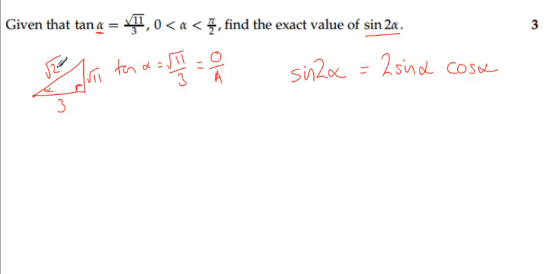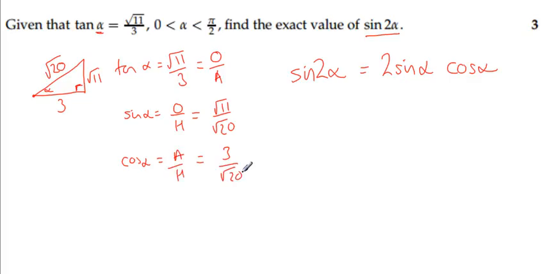So that hypotenuse is root 20, which means I can find sine alpha as opposite over hypotenuse, so root 11 over root 20. And cos alpha as adjacent over hypotenuse, which means 3 over root 20.